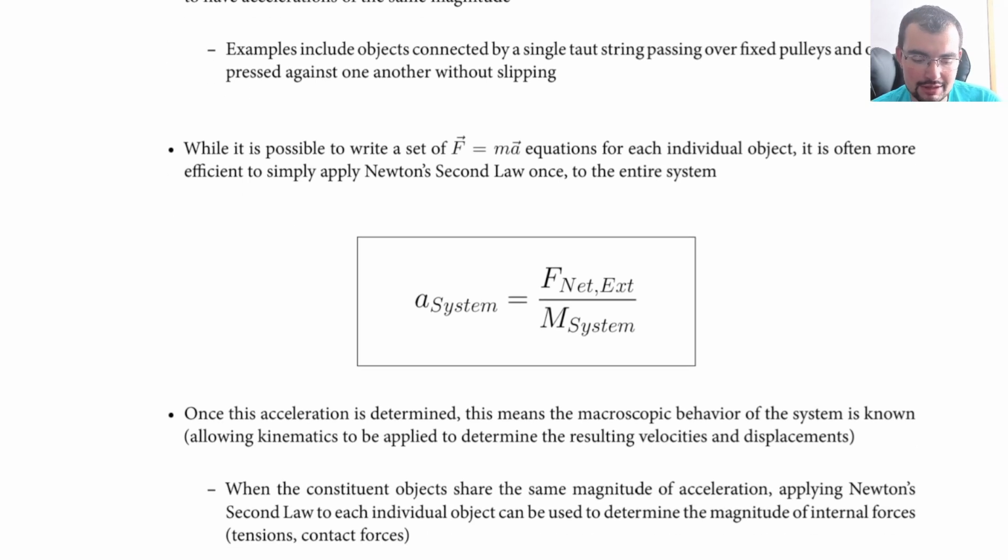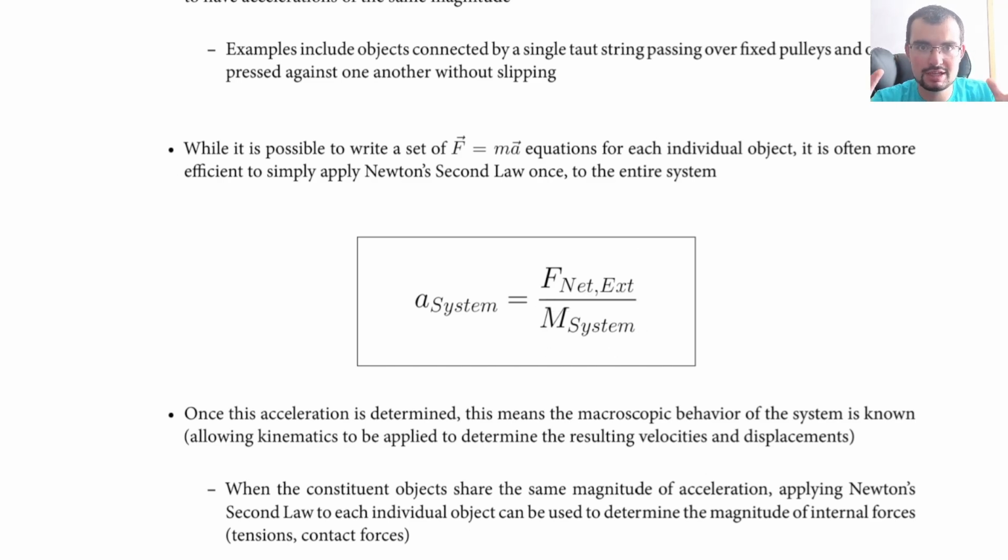But we'll be dealing with systems where all of the objects are connected somehow by a string or not slipping on each other, something that forces their accelerations to match. And if that's the case, then we have this sort of rephrased Newton's second law that says the acceleration magnitude of any object in the system will be the total net force on the system, so nothing internal, divided by the total mass of the system.